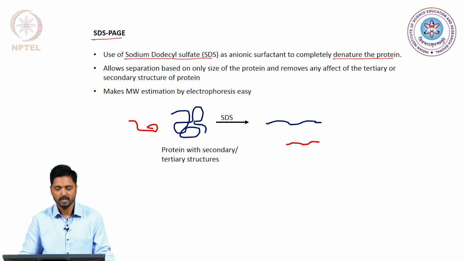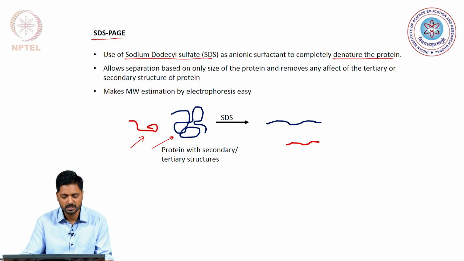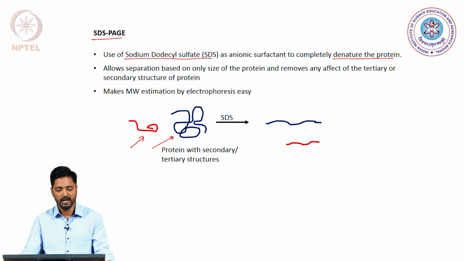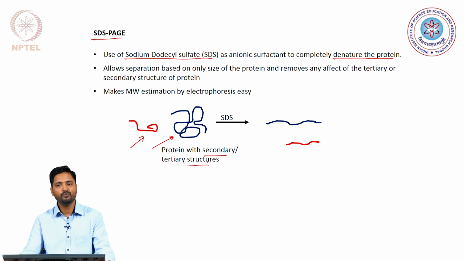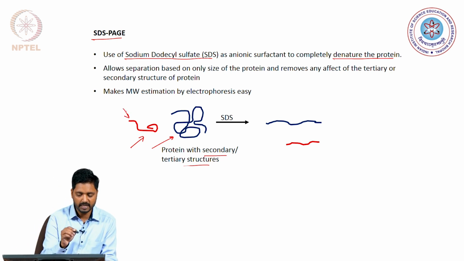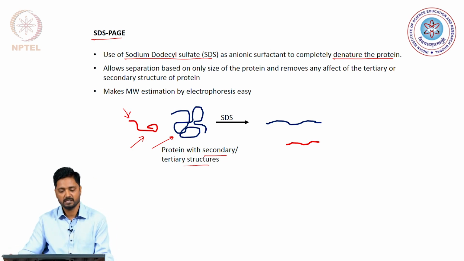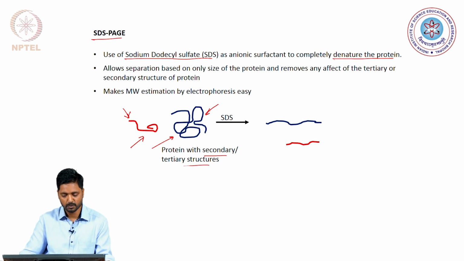denature the protein. Now, why this is required is because if we have say two proteins which have a certain charge, along with the charge they will also have secondary or tertiary structures, and when they move through the electrophoresis, this red colored protein which is having an extended conformation will seem like having a higher molecular weight compared to a more globular blue colored protein, despite the fact that the opposite is true.